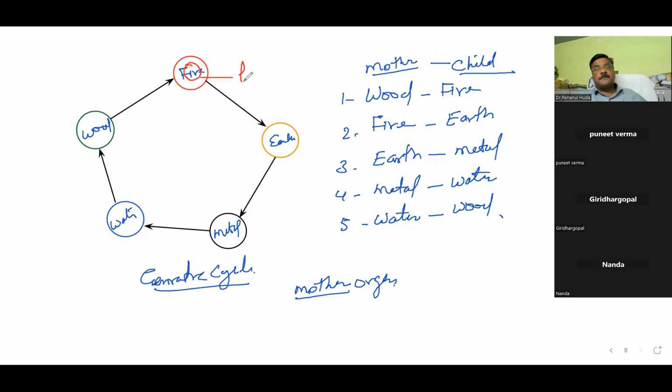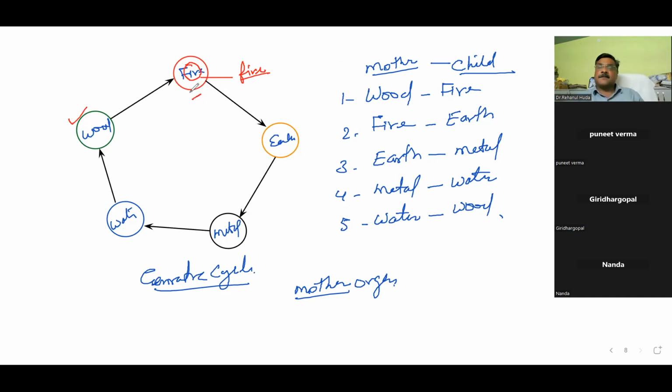We are working on fire. We are trying to create more fire. We are trying to give some medicine for the fire. But as per this concept, we should work on wood, because if wood is less, then automatically fire will be less.